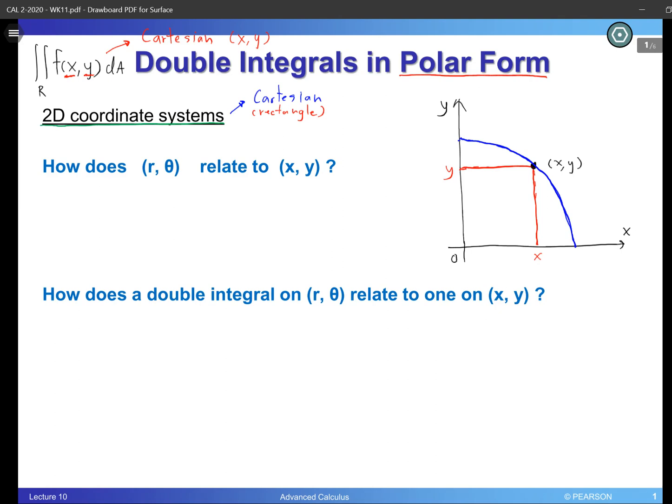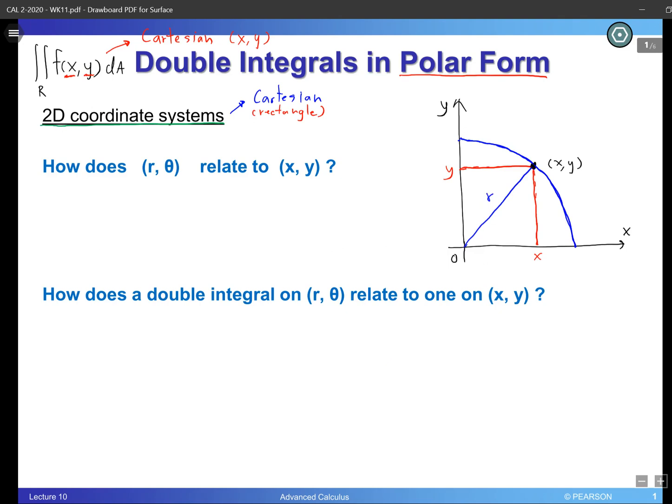So first of all, I'm going to say that this point is r unit away, which is the radius of this circle. So let me put this r unit away. Okay, that is the radius. So there you go, we have the first parameter for this point in terms of circle.